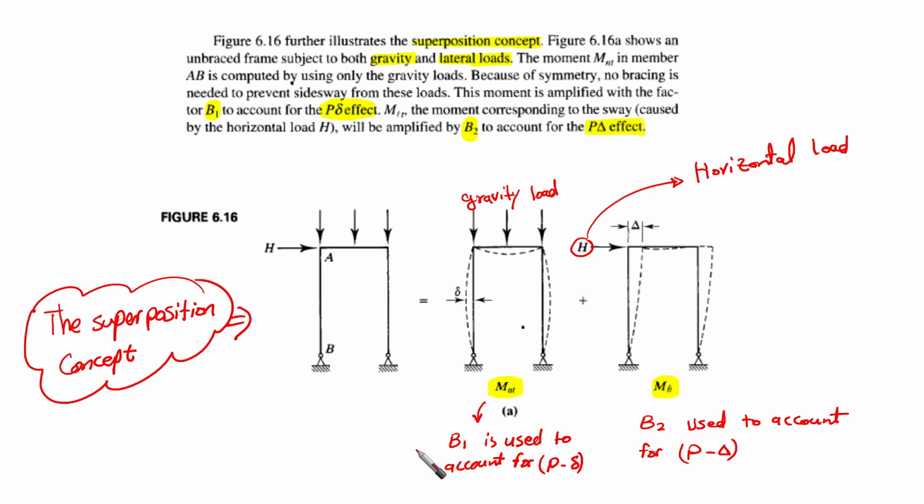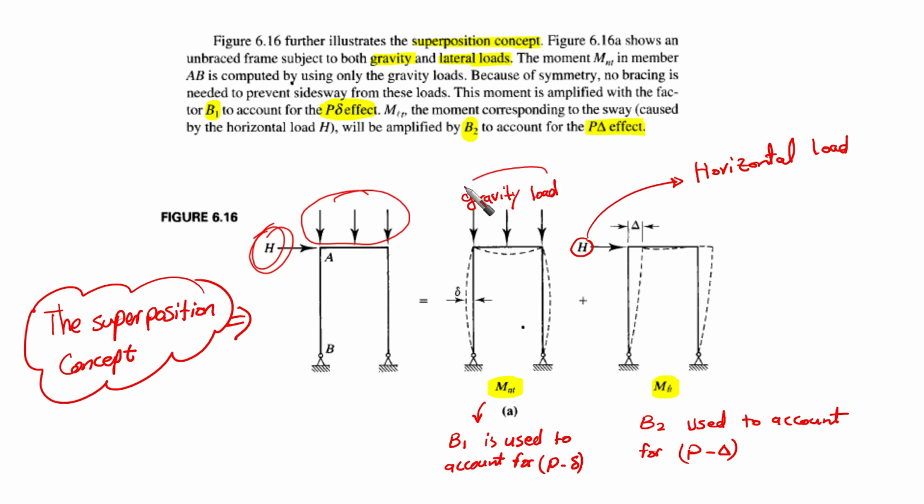Okay, so we need to consider here what we call the superposition concept, whenever we are dealing with the case where lateral load exists. Commonly, whenever we have frames with gravity loads and horizontal loads being applied, we are superimposing two different systems together in order to make it easy for us, for the computational effort, to simplify it. So we assume that this system is the superposition of two different systems.